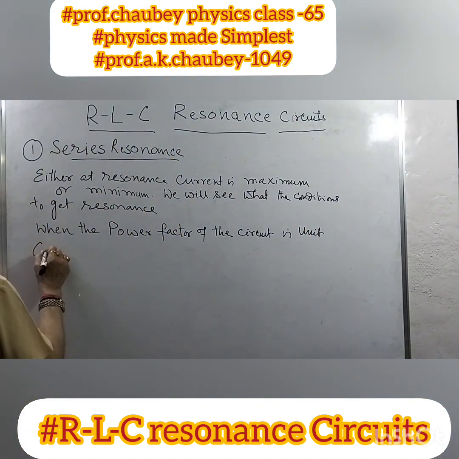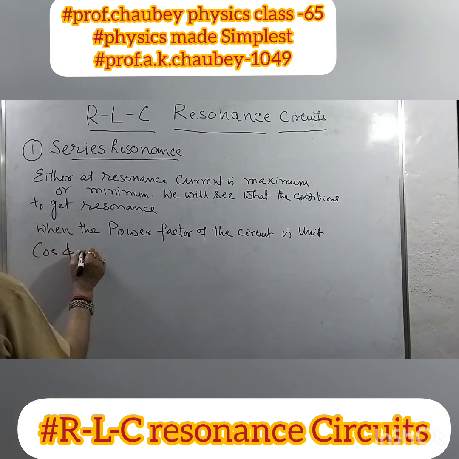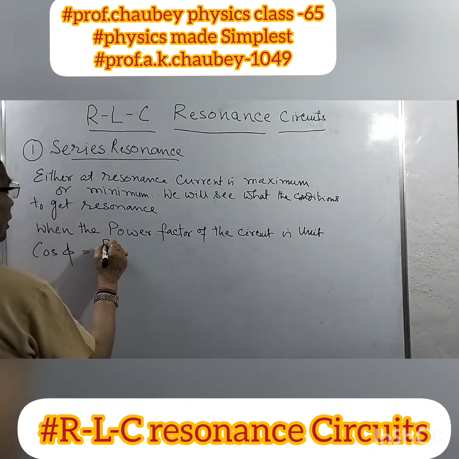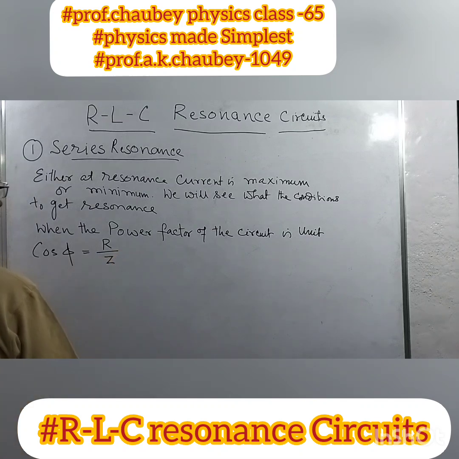That is, power factor cos phi. Cos phi is equal to R over Z. Z is the impedance of the circuit. So cos phi is equal to 1.